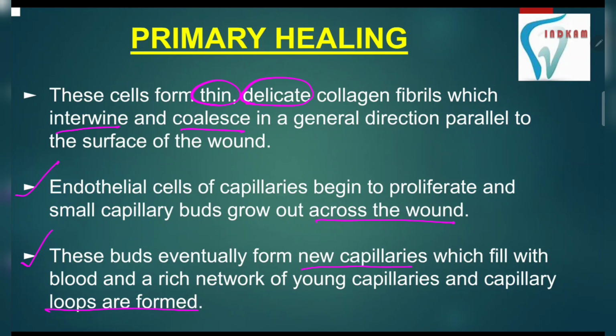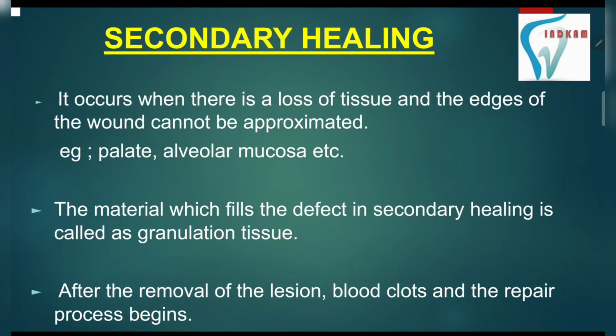Coming to secondary healing, it occurs when there is a loss of tissue and the edges of the wound cannot be approximated. In primary healing, the edges of the wound can be approximated and there is no loss of tissue, for example, palate or alveolar mucosa.